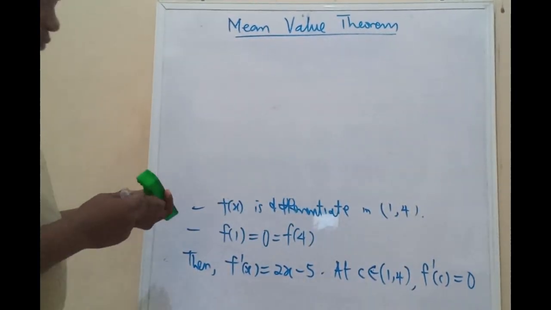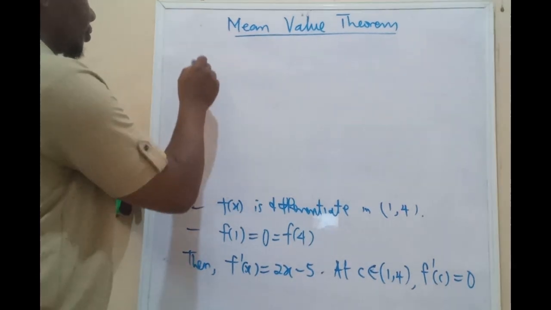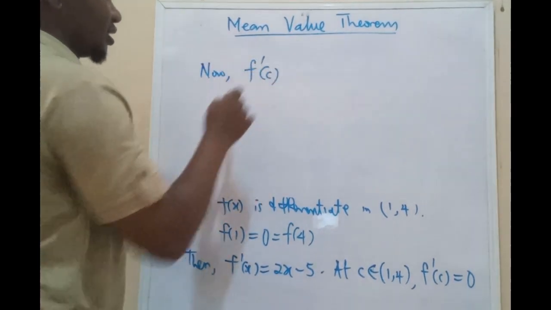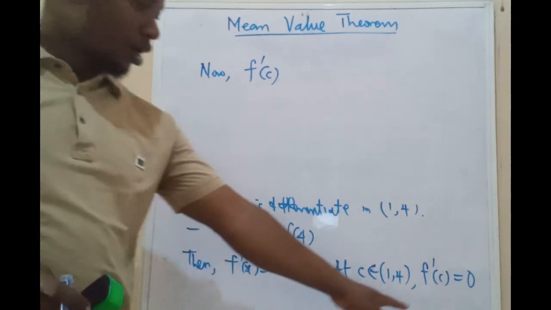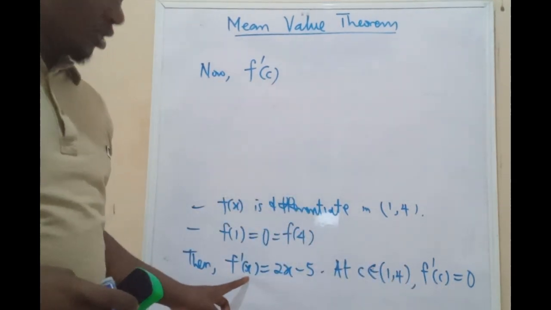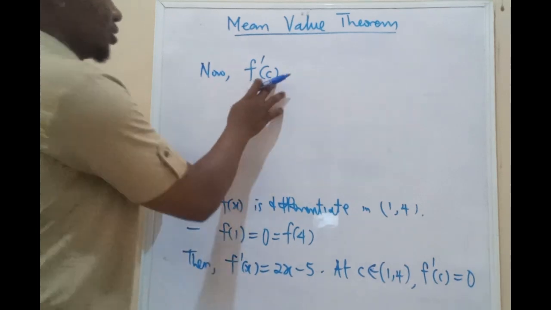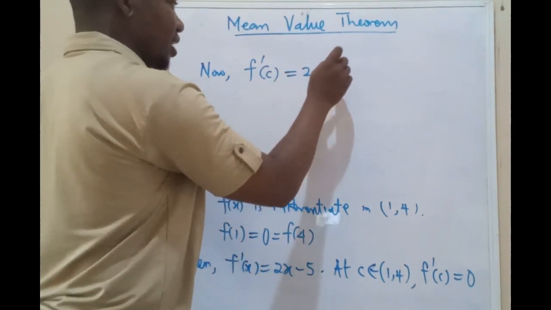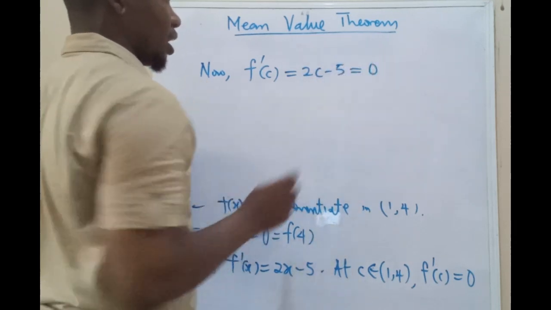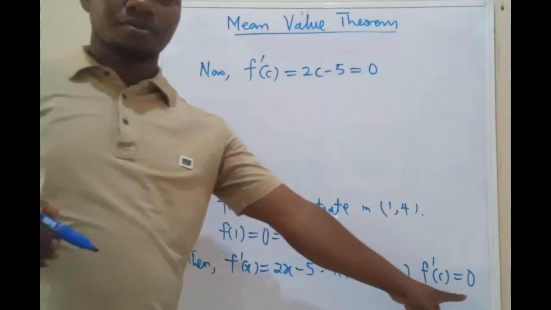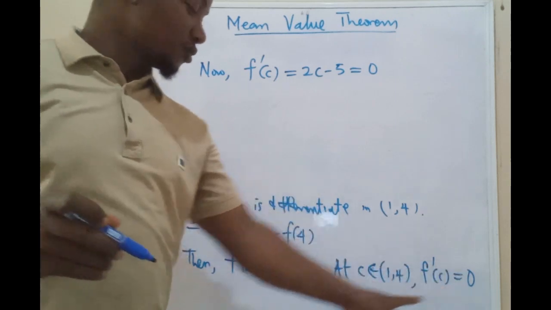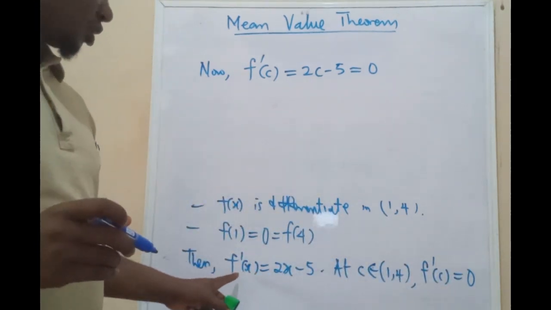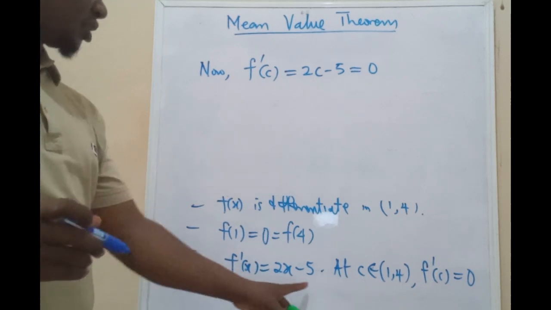So now, if you replace c here, this will be 2c minus 5 equals 0, according to Rolle's theorem that says f prime of c is 0. If you replace c here, it means the slope at c becomes 0.